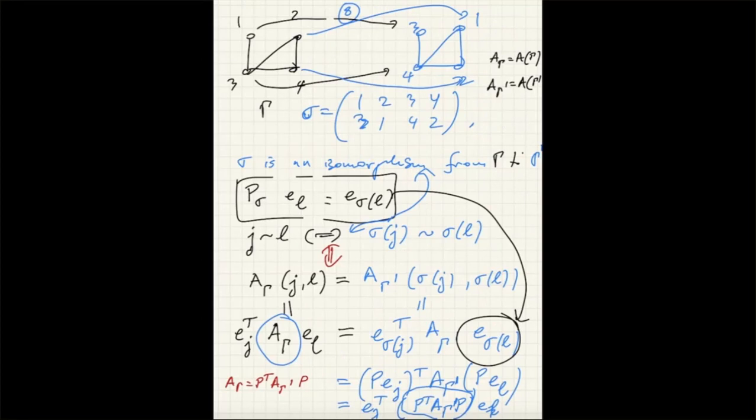Okay. So the main point here is that the adjacency matrices for isomorphic graphs, no matter how you label the vertices, are going to be similar by permutation matrices. That doesn't help recognize graphs when they're isomorphic because you're looking through n factorial permutation matrices.